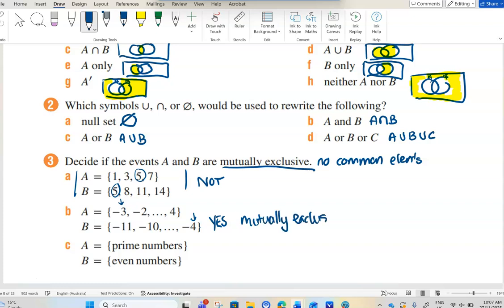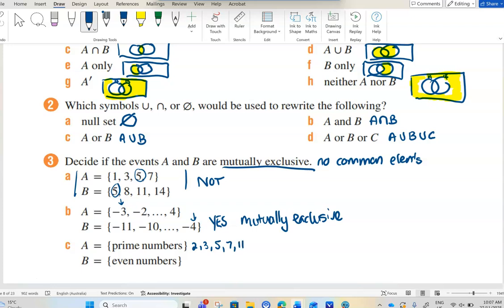And the last one, let's have a look. Prime numbers are numbers that can't be divided by anything else but themselves. So you think 2, 3, 5, 7, and then 11.